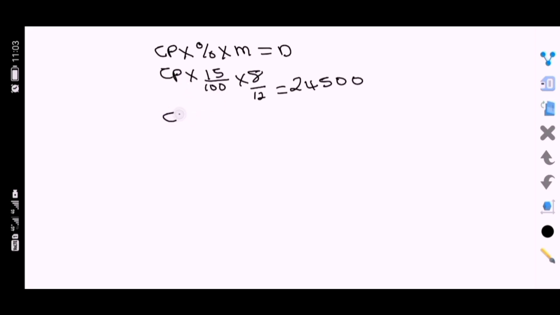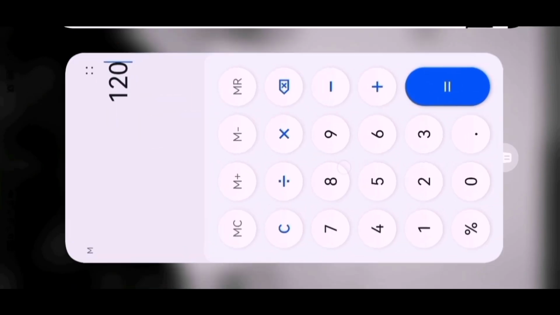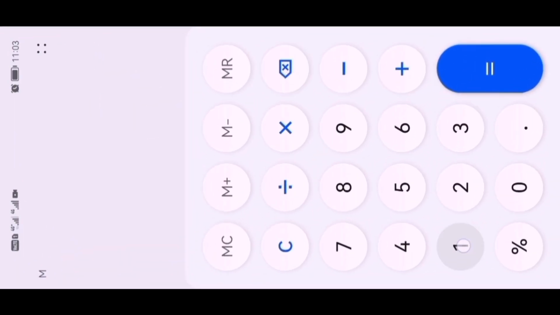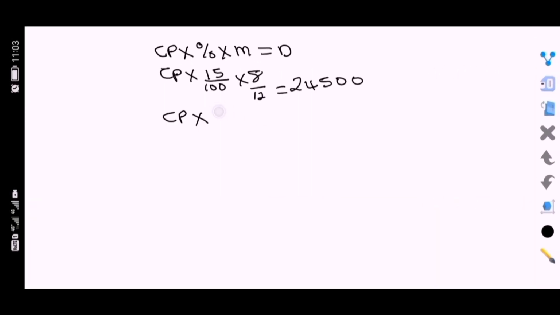So our cost price multiplied by 15 multiplied by 8. 15 multiplied by 8 is equal to 120. So it's 120 over 100 multiplied by 12. Twelve plus the two zeros, so it's going to be 1,200.